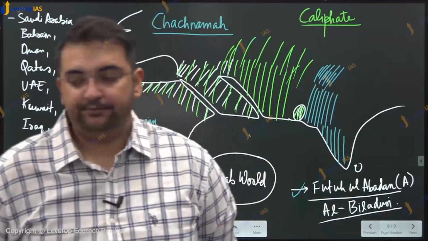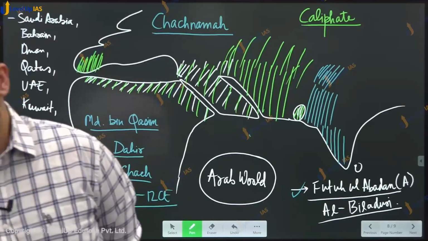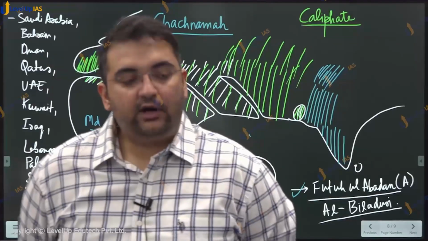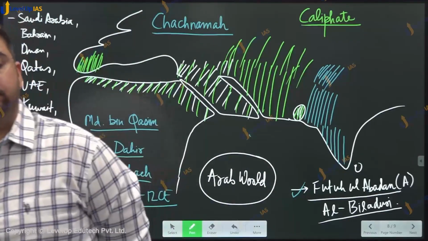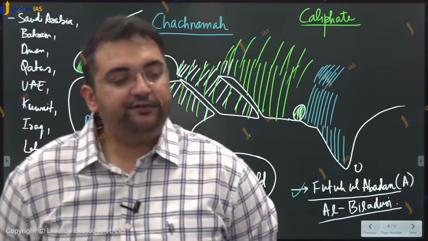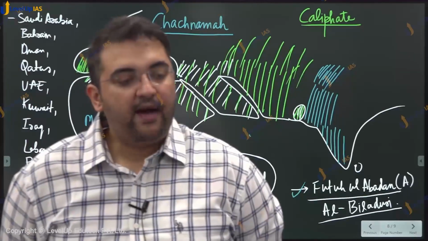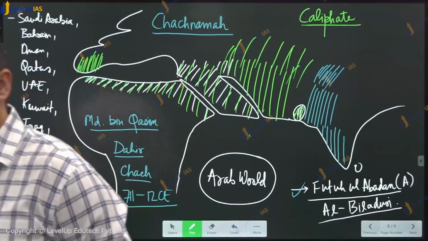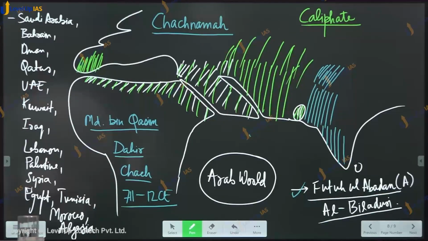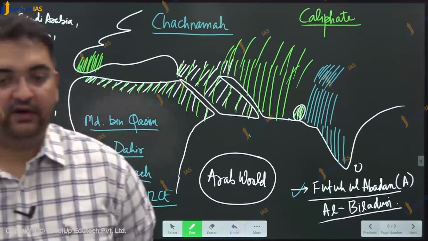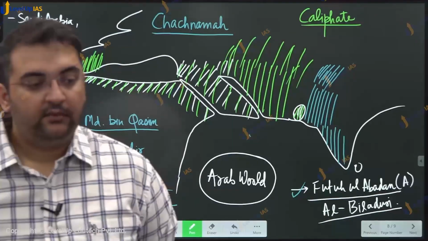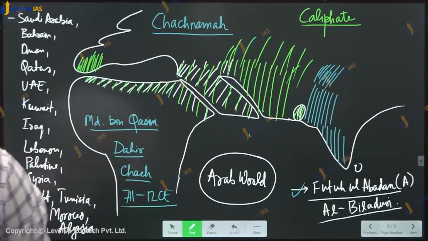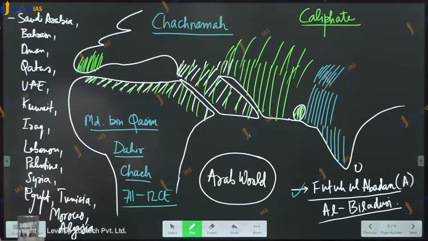At the same time, it also controlled many of the maritime and overland trade routes to India. Next subpoint.